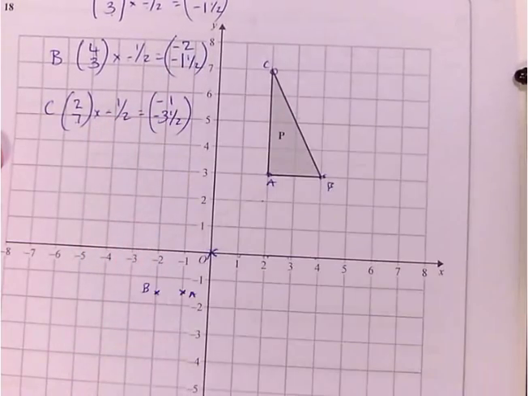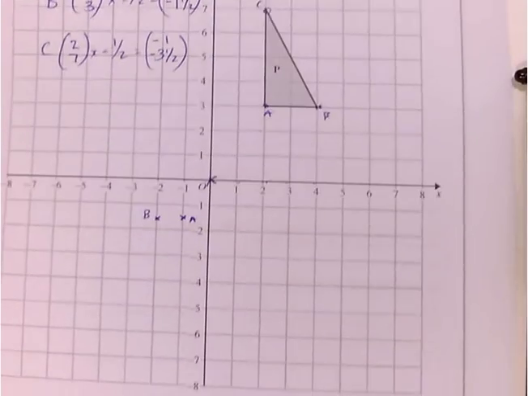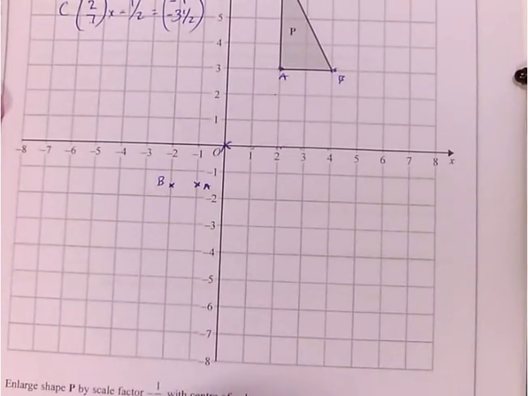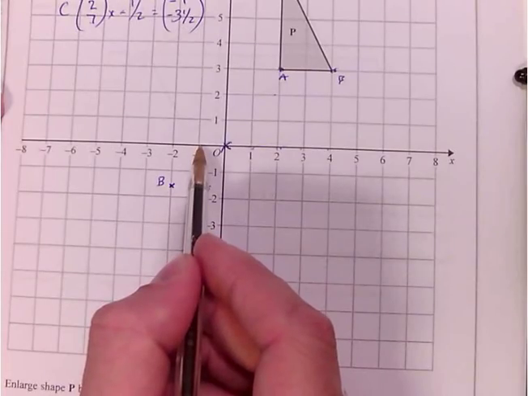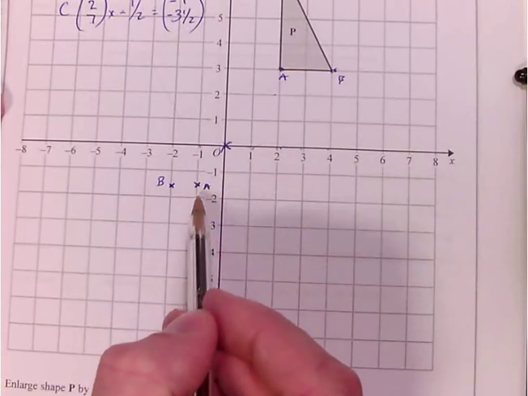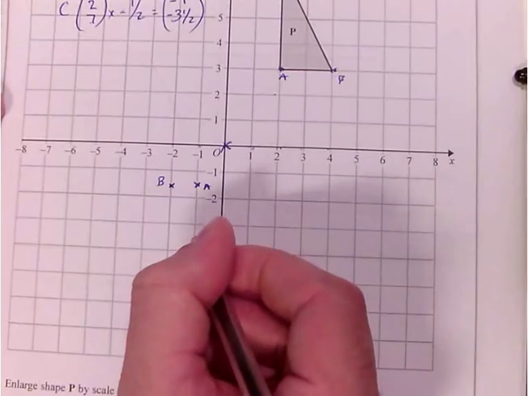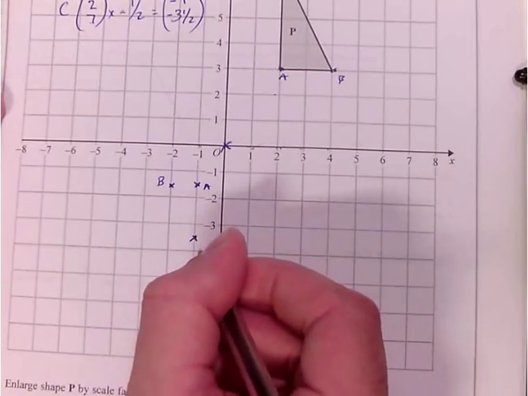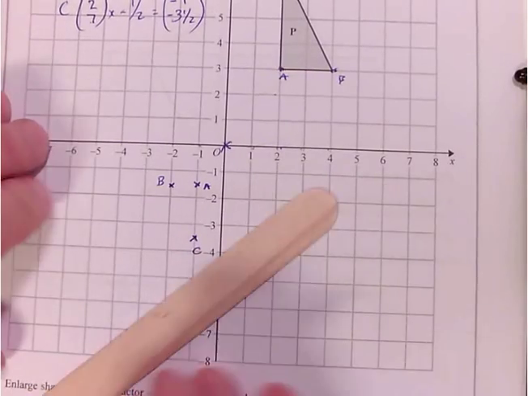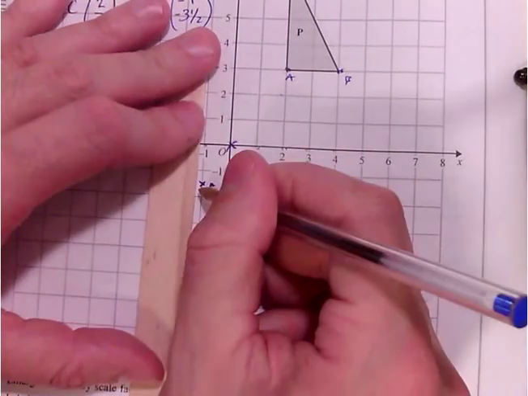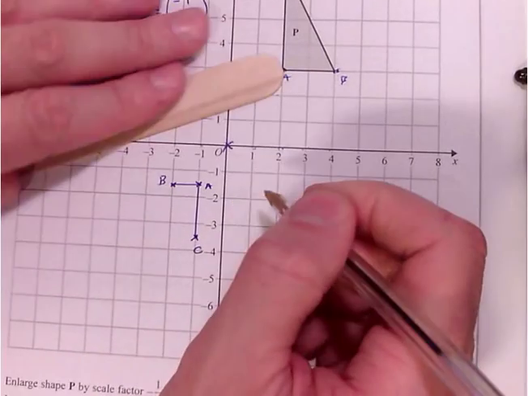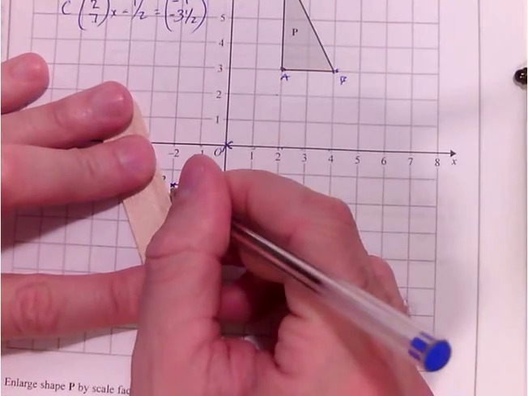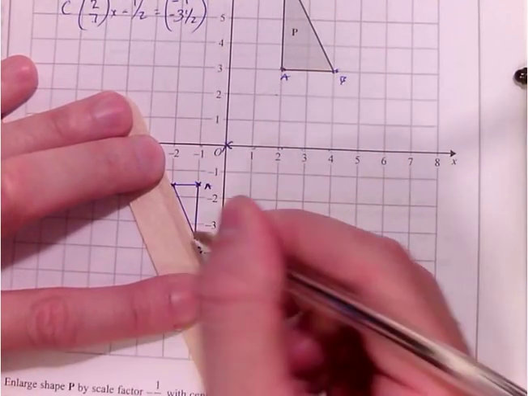So let's put that on this diagram here. From 0, I'm moving 1 to the left. I'm moving 3.5 down. And that's point C. Join up the 3 points. And I've got shape Q.